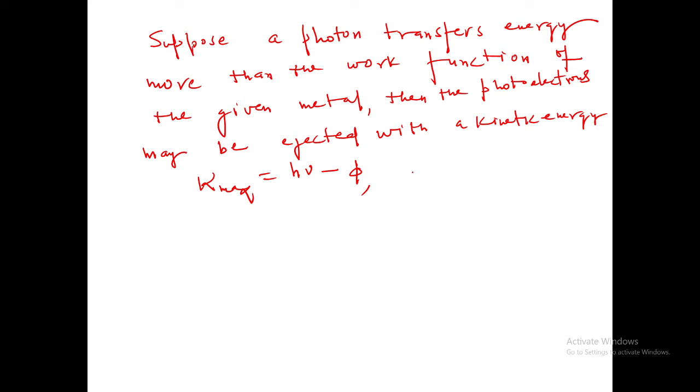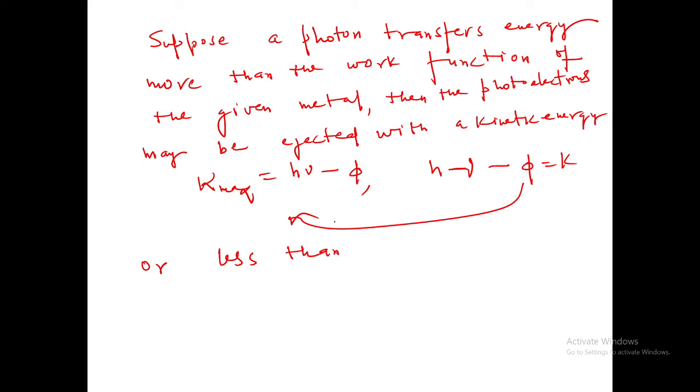So where does it come from? In fact, h nu minus phi is nothing but simply K. So this is the same equation. Or less than that, because a part or all of the extra energy may be lost during several collisions that the electron makes before emission.